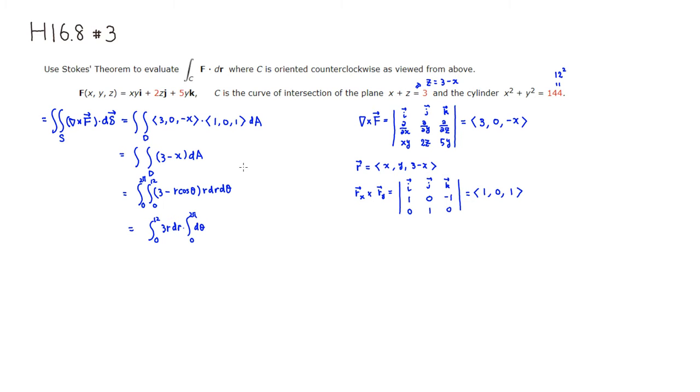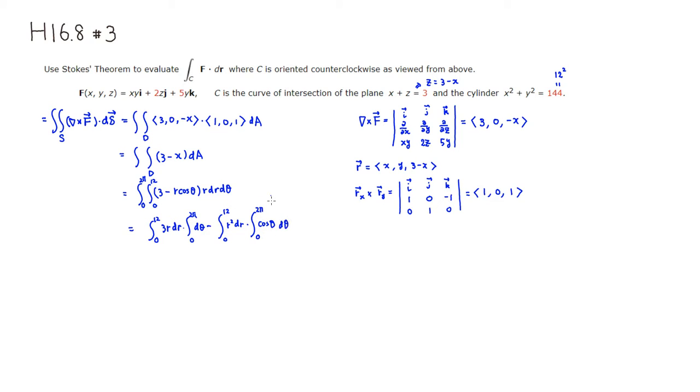So that's the first term. The second term would be minus the integral of r squared with respect to r from 0 to 12, multiplied by the integral of cosine theta d theta from 0 to 2 pi.